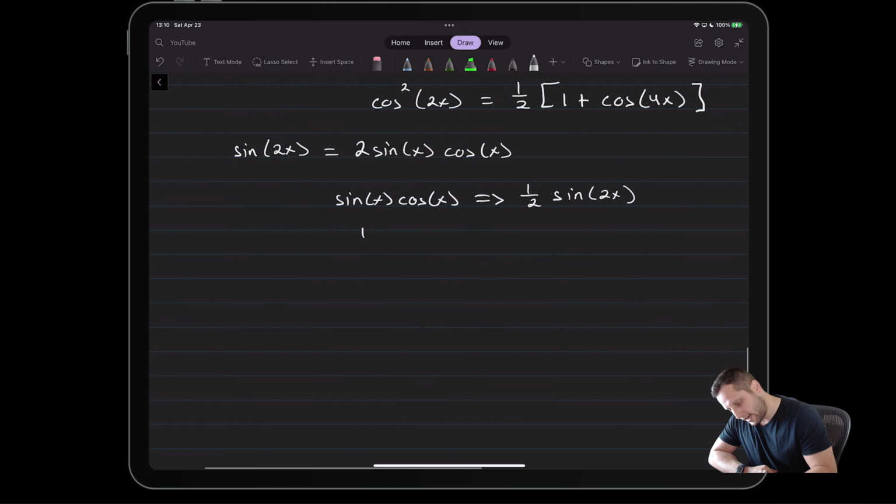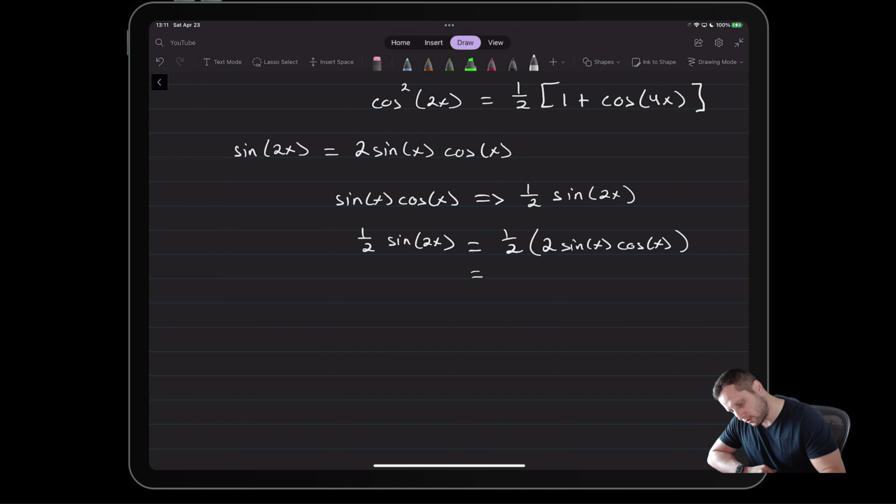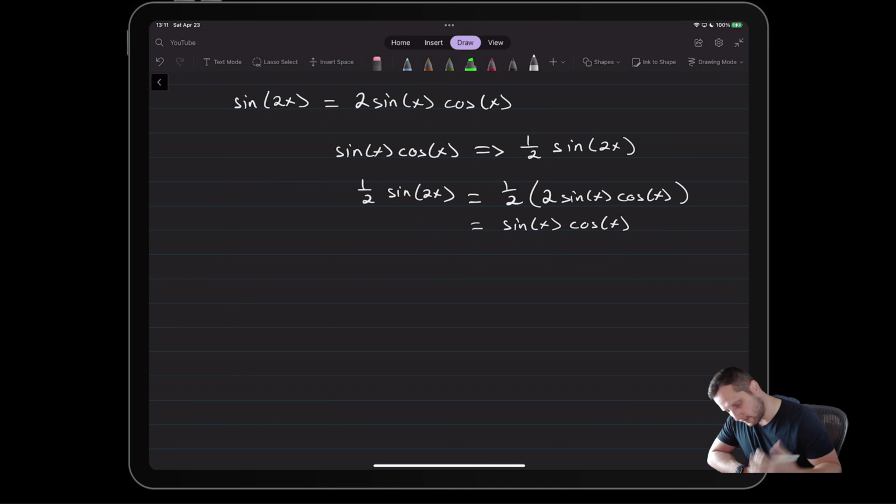Because if we work that out real quick, you get 1/2 sine 2x is equal to 1/2 times 2 sine x cosine x, which is equal to sine x cosine x.